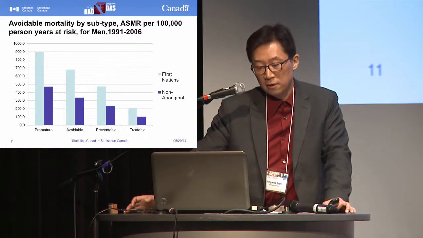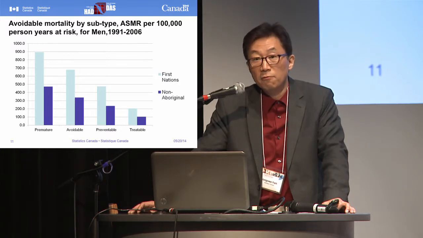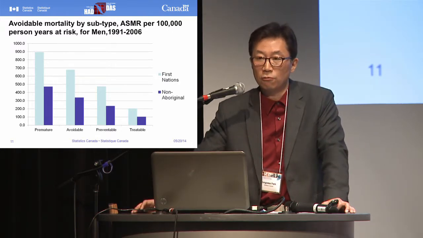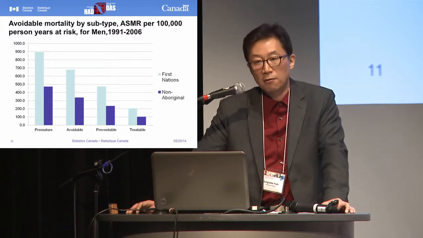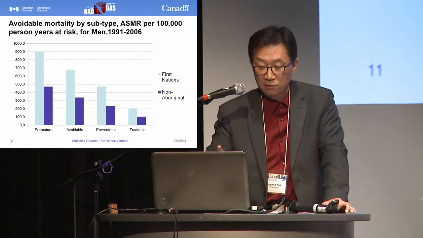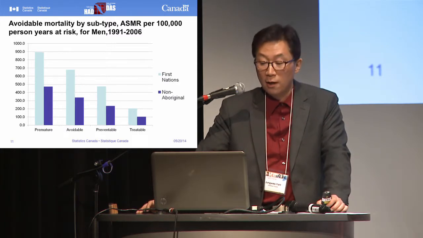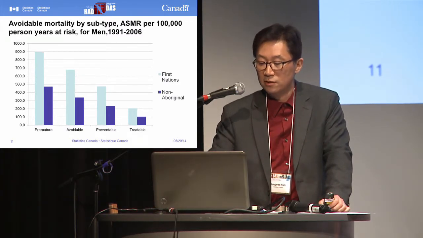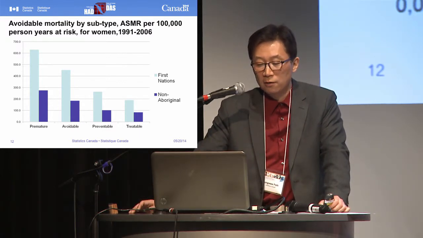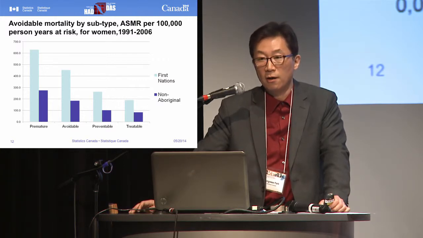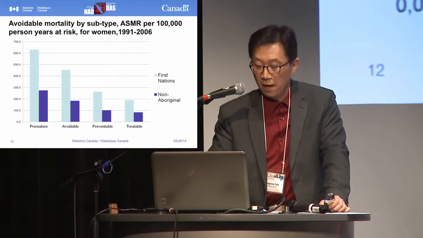This is the graph of the age-standardized mortality rate, but if we convert that to rate ratios, it is about 2. So the mortality rate for First Nations in this graph, which is for men, is twice as high compared to the non-Aboriginal population. The same trend was observed. Actually, a little bit larger differences were found among the female population between First Nations and non-Aboriginals.